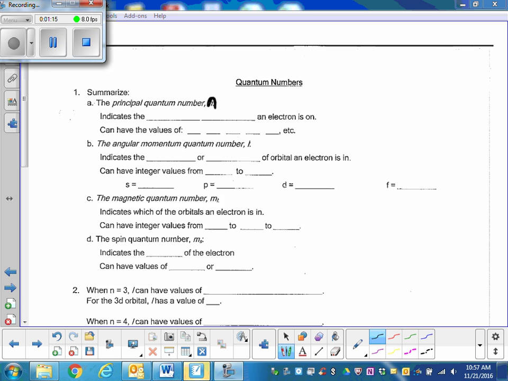When you're solving for where the probable region of the electron is, the first solution you have to get is the principal quantum number, and that indicates the energy level the electron is on, meaning the distance from the nucleus.